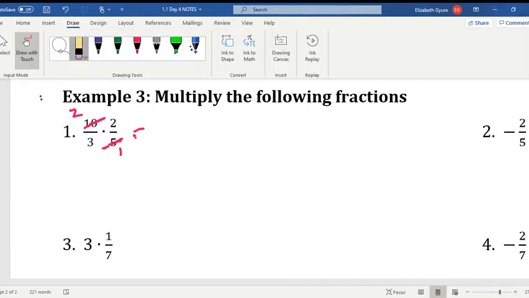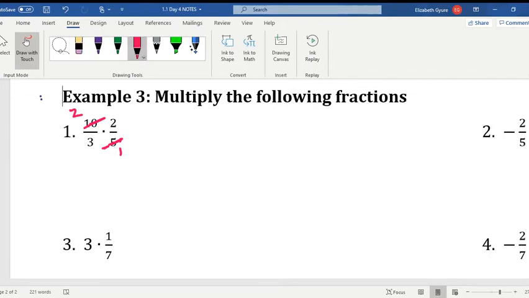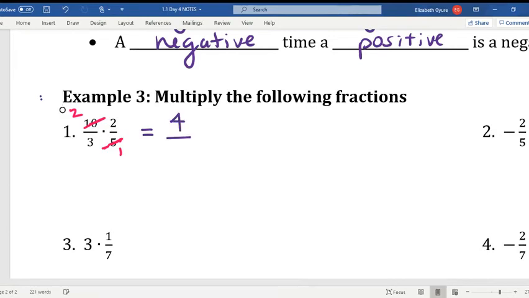And I can just multiply. So just look at the top. What's 2 times 2? 4. Then go to the bottom. What's 3 times 1? 3.